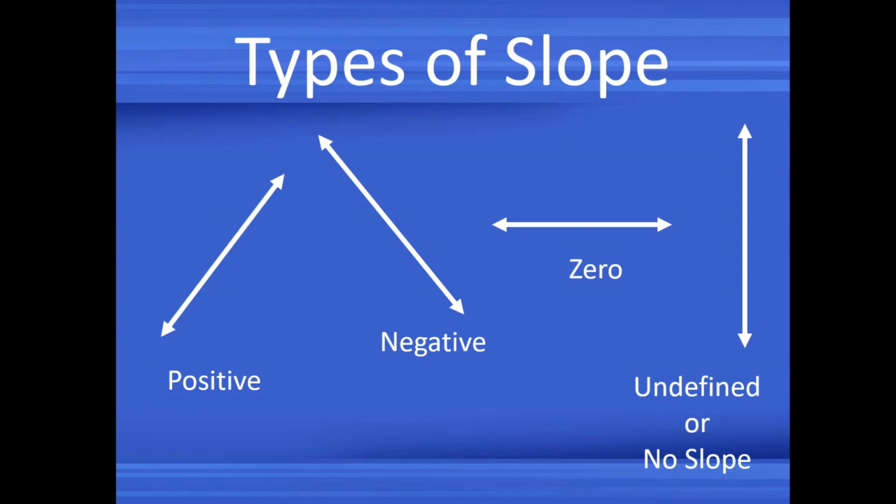The zero slope is a horizontal line, while this one is a vertical line. The x-coordinate never changes no matter what the value of our y-coordinate is. So these are the four types of slopes that you might encounter. So keep these in mind. Okay, let's move on.